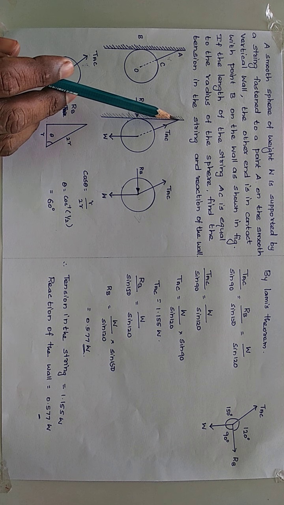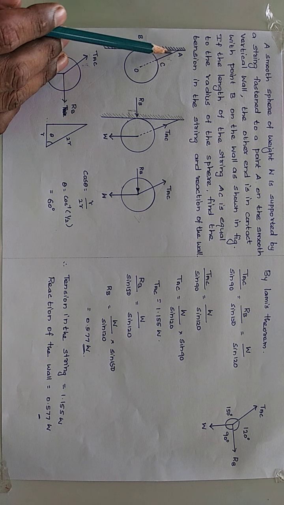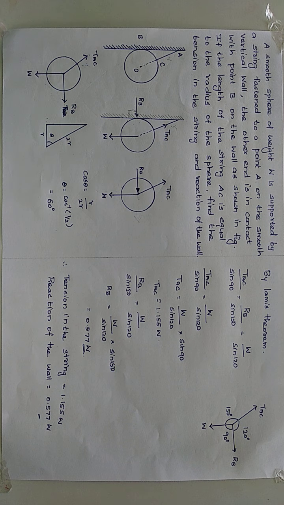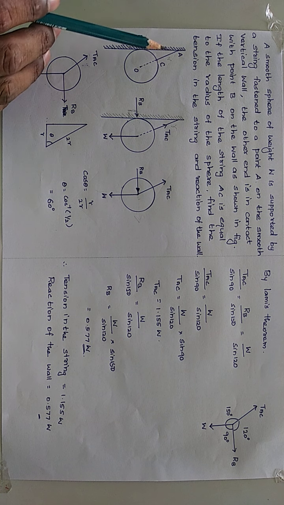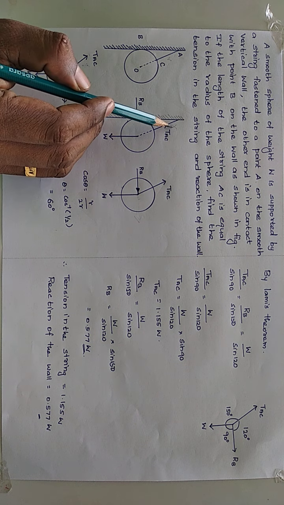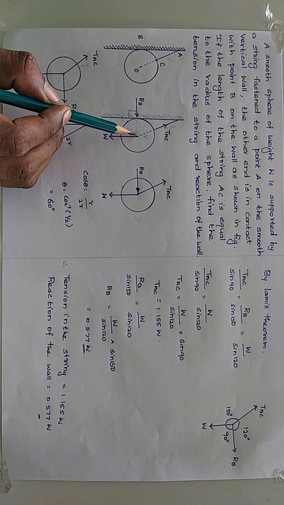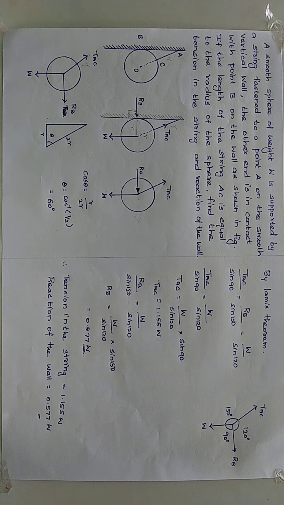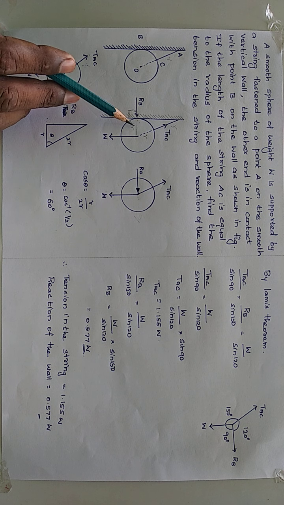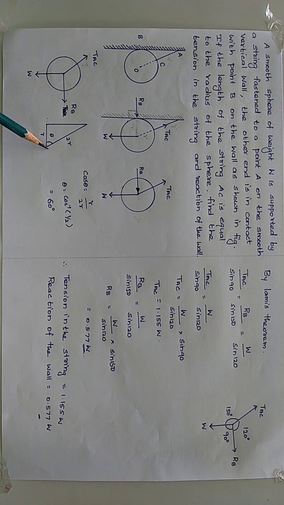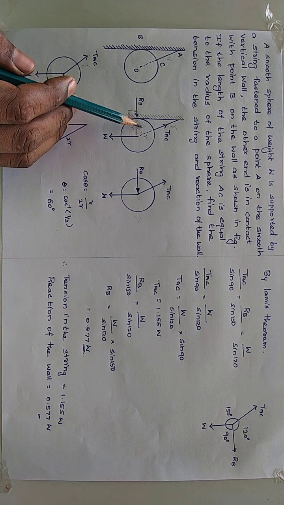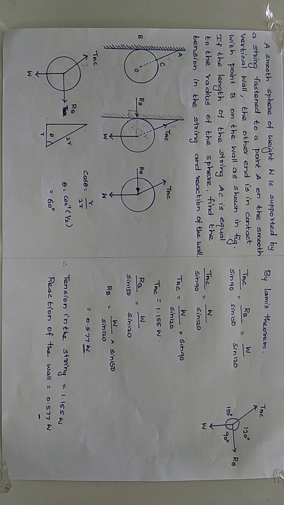Just listen. Here they are giving that this value is R, the length of the cable AC is R. This value is also the radius R. Draw this line, this value is also R. So totally 2R, and here R. Assume this angle as theta. How do we find the angle theta?